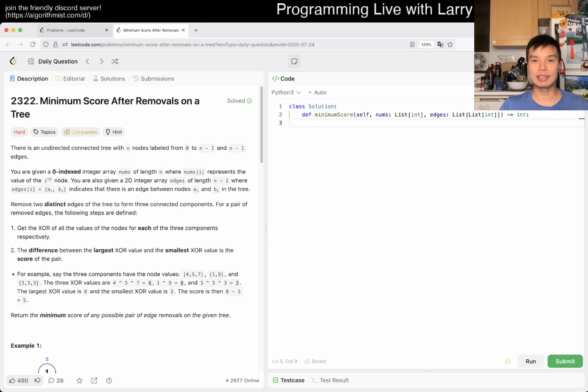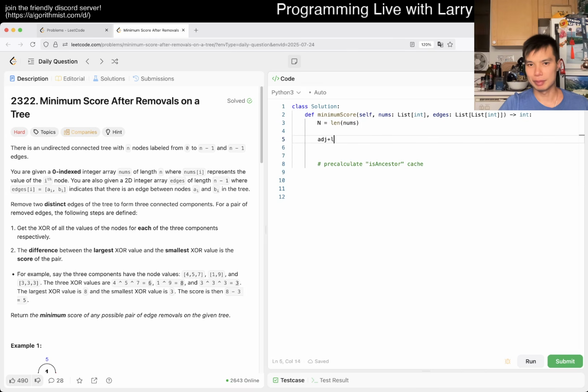Okay, in any case, there are a couple of things we can do first, but let's pre-calculate the is-ancestor cache. So n is equal to the length of nums, and then we do that by first converting to an adjacency list.